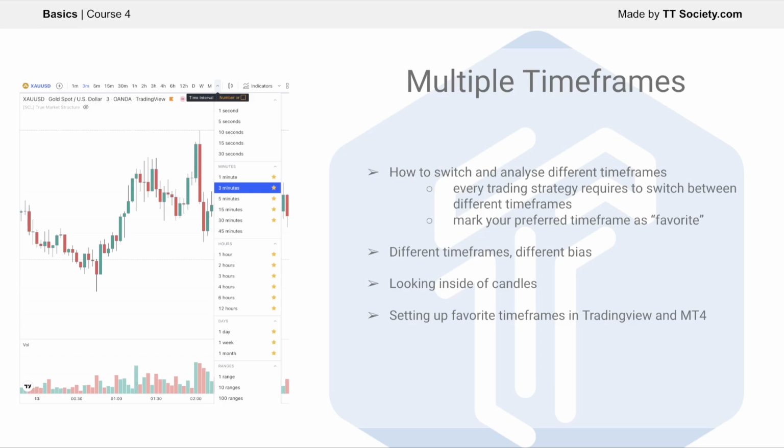We were drilling down to a lower time frame to identify that we clearly had lower highs and lower lows within our downtrending structure. So make sure you add the different time frames to your favorites on MetaTrader and TradingView. Look inside of the candles, focus on reversals within the move, and see the patterns.